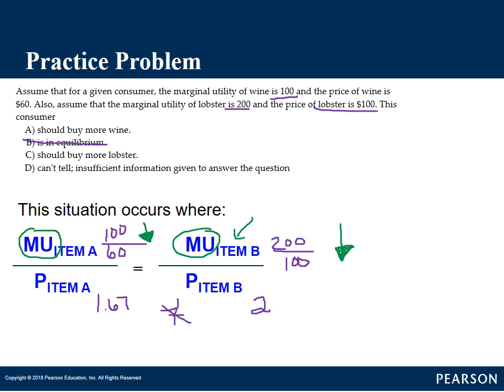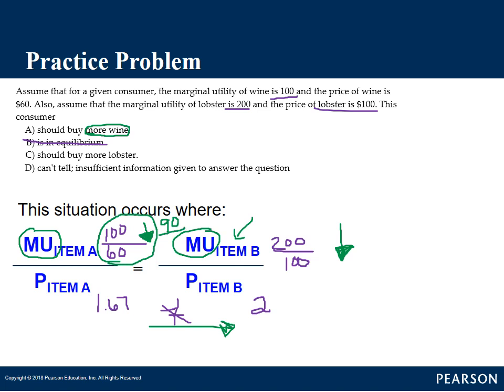So by purchasing more wine, the marginal utility is going to decrease. And what we need to figure out is, if we decrease the marginal utility of purchasing wine, is that going to get us closer to the number 2? Well, let's check that out. Okay, so if we decrease the marginal utility here to, let's just say 90, we'll go down by 10.